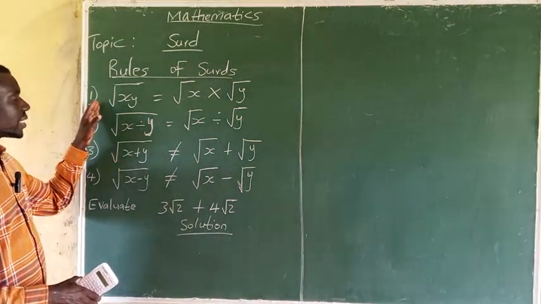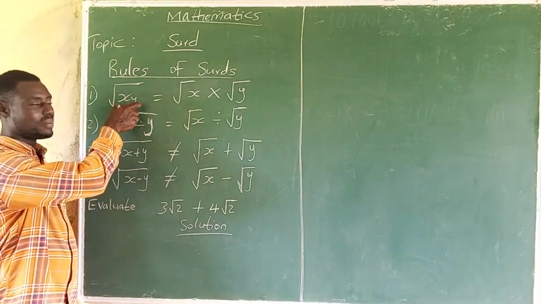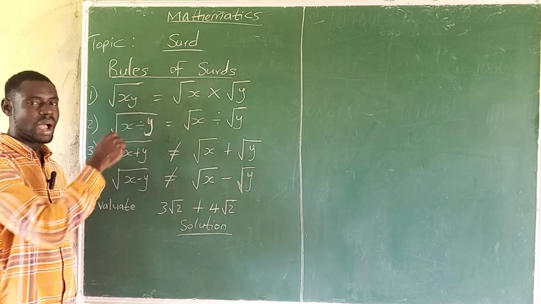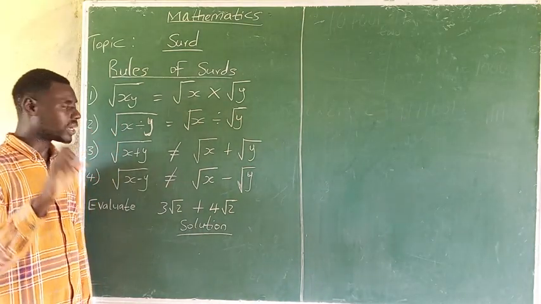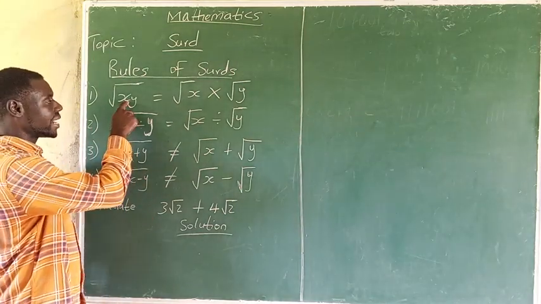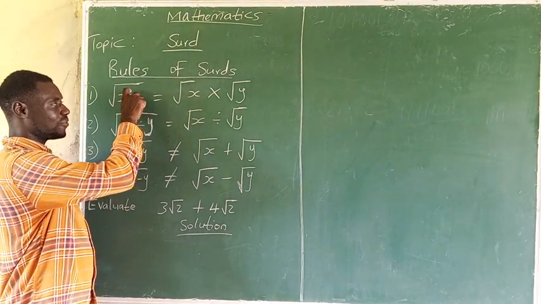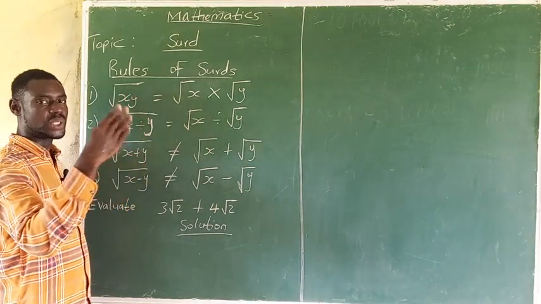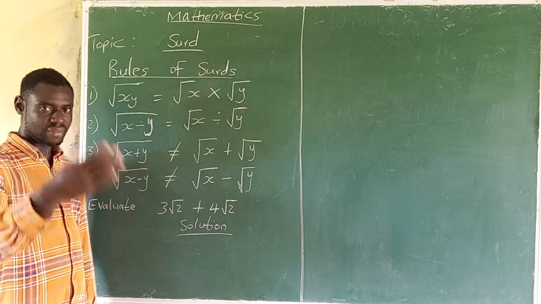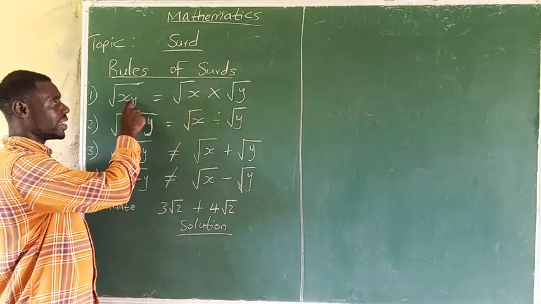Now the first rule says that if I have a root and I have an arbitrary term xy, remember x, y, they are together. The only thing that can bring 2 variables together is multiplication. So x and y are multiplying each other. The rule says that if I have xy, which can be a very big number like 100, what times what gave us 100? Just like 2 numbers, x and y.